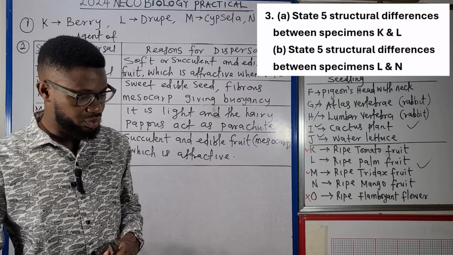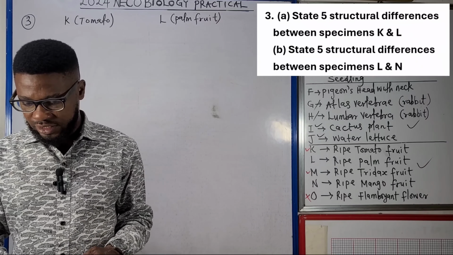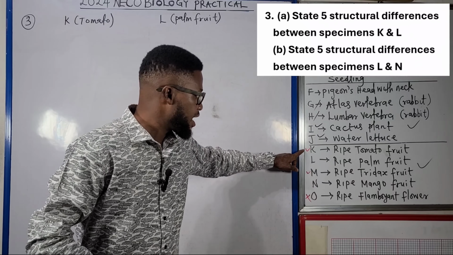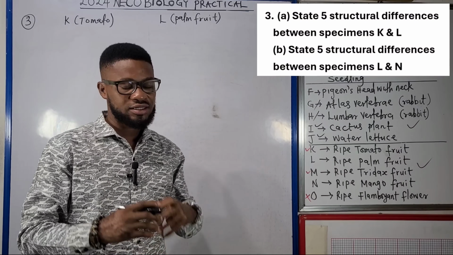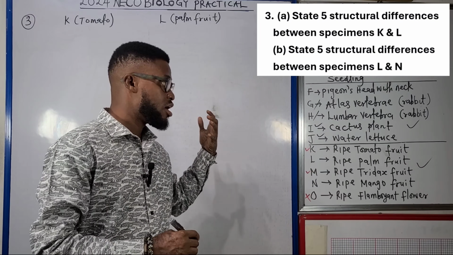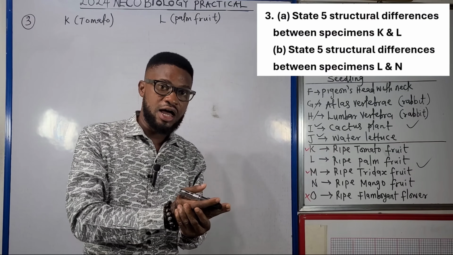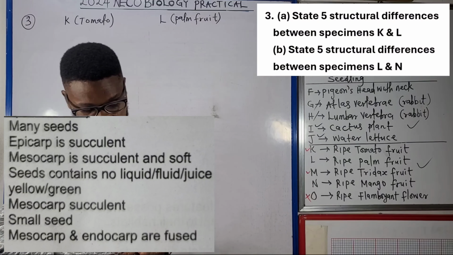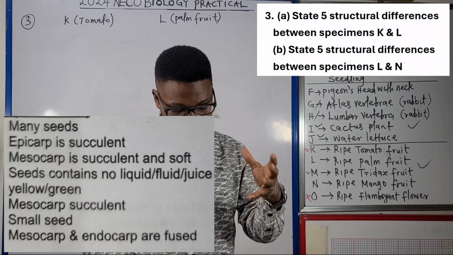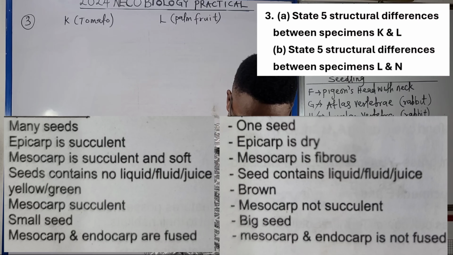Talking about question 3, we're told to state 5 structural differences between specimen K and specimen L. Structural differences here means the differences we can observe either by looking at it from the outside, or using a scalpel, cutting through, and looking at what is on the inside. As you can see on your screen, talking about your tomato fruit specimen K, it is many seeded.